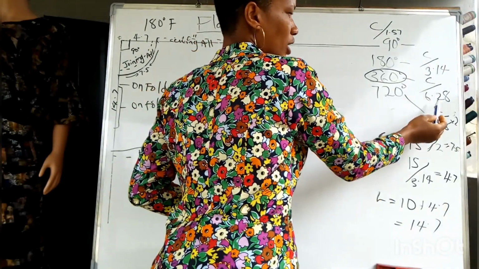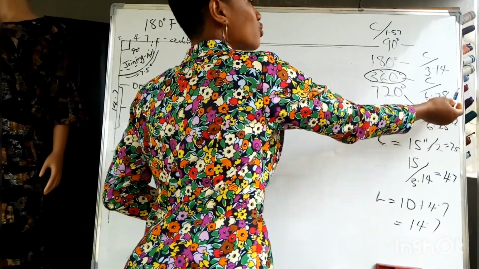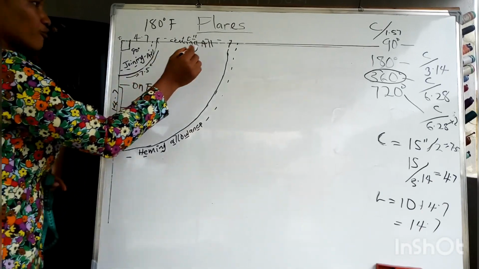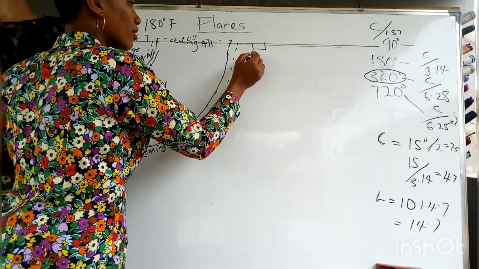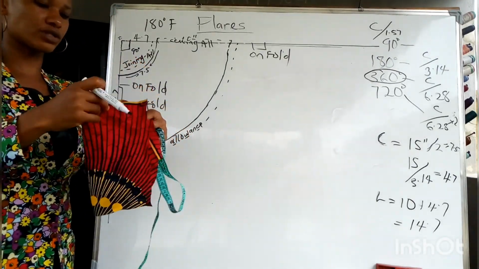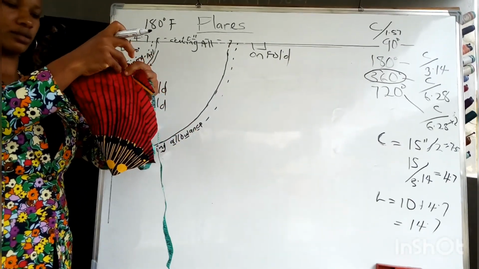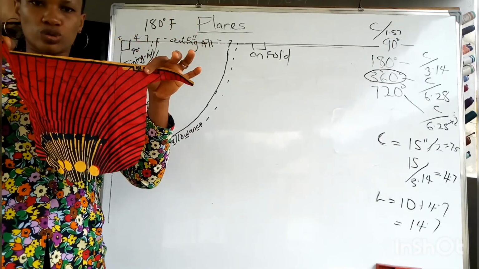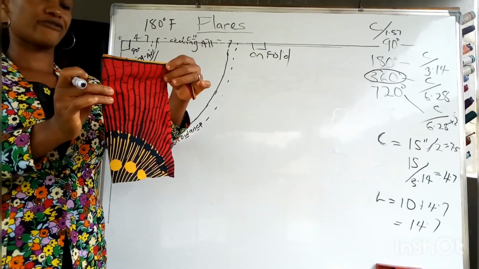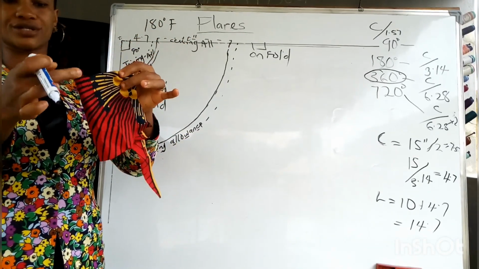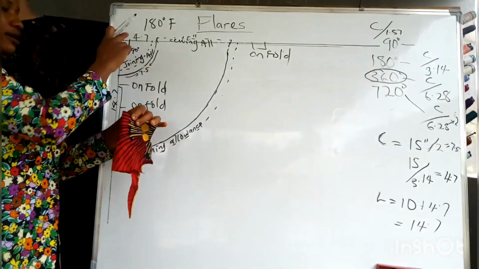Then for a 360-degree flare, you also divide your circumference by 6.28. Thereafter, you add your allowances and make sure that both ends of your fabric are on fold, just as you have seen there. The both ends of the fabric should be on fold. That means you're going to double fold your fabric, as you have seen in the illustration down there.